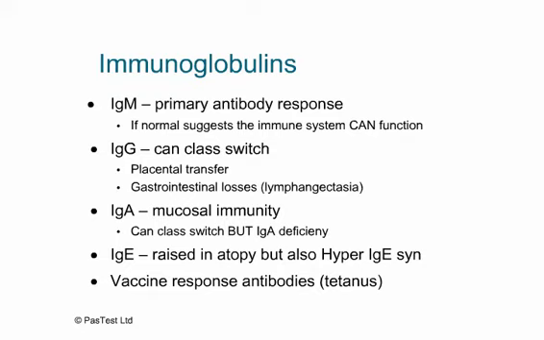IgE levels are much lower than all the other immunoglobulins in the circulating blood. However, they can be markedly raised in atopy. They can be very markedly raised in an immunodeficiency called hyper-IgE syndrome, usually to an extent where it's over 10,000.